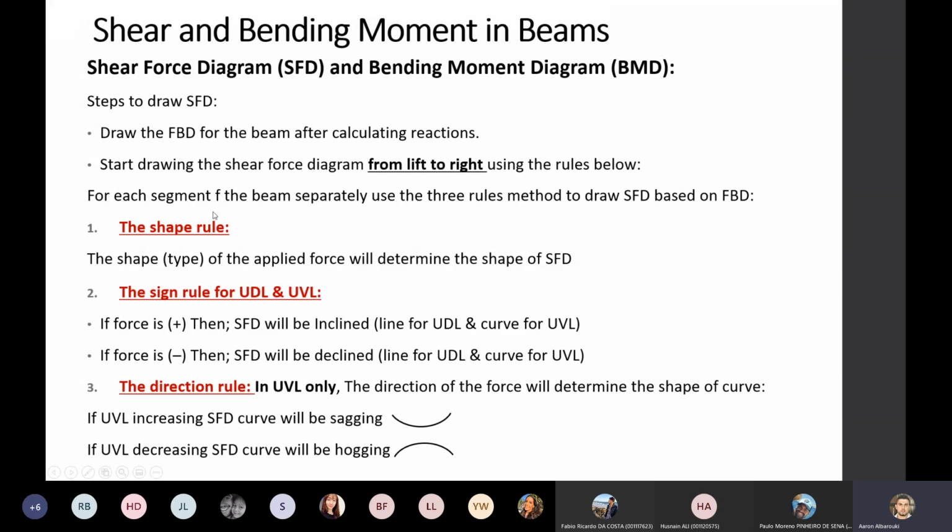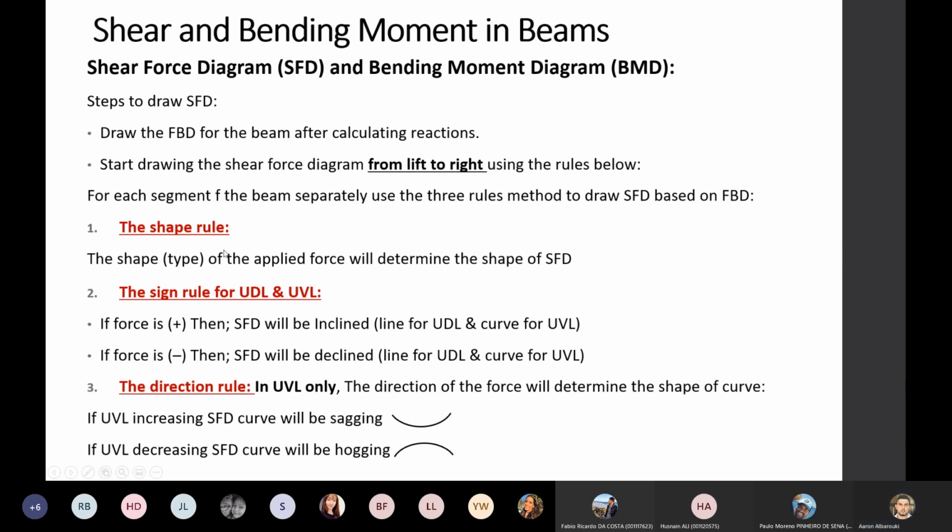Bending moment will be the same. The first question I ask myself is the shape. I have to make sure I guess the shape correctly. Always, please follow the sequence: shape, sign, and then direction of the curve, if we have a curve. Not all the time you have to use this.